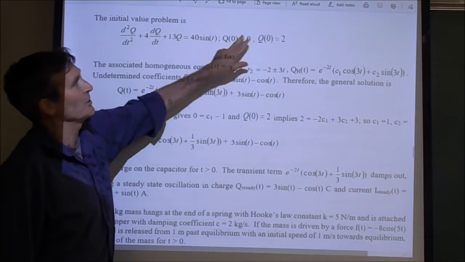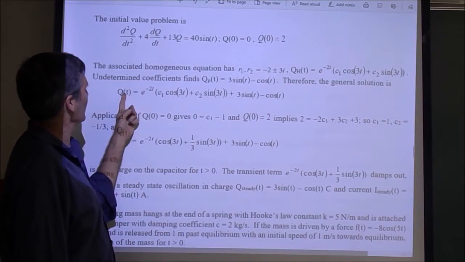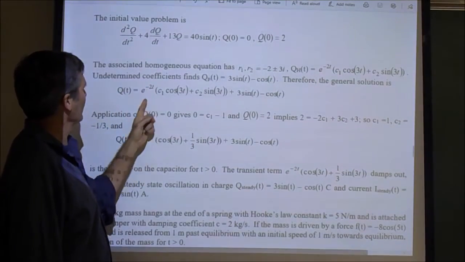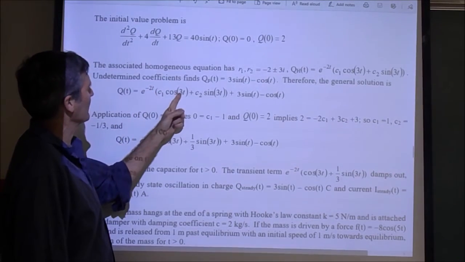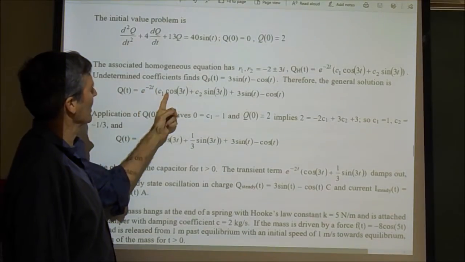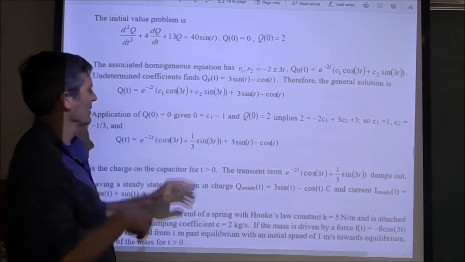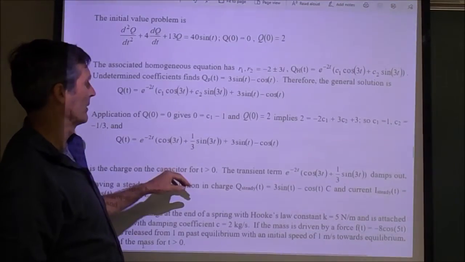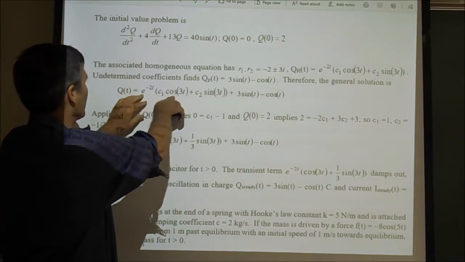Now we apply the initial conditions. q of 0 equals 0. If you plug that in, 0 on the left for q and 0 on the right for t, it tells you that 0 equals, let's see, e to the 0 is 1 times c1 times 1, plus sine of 0 is 0.